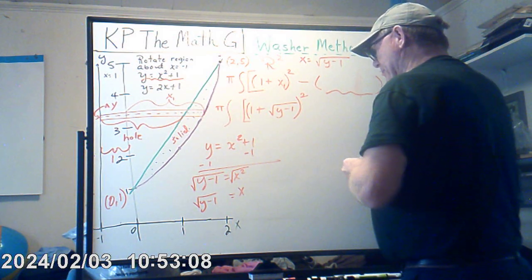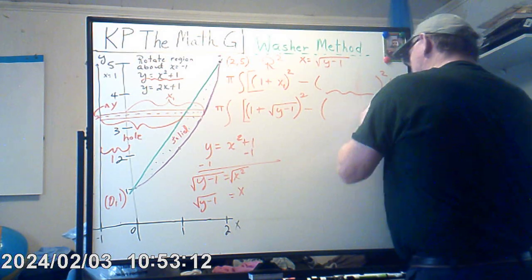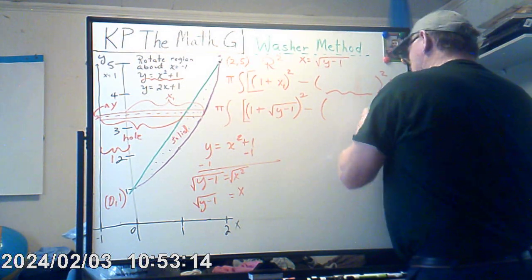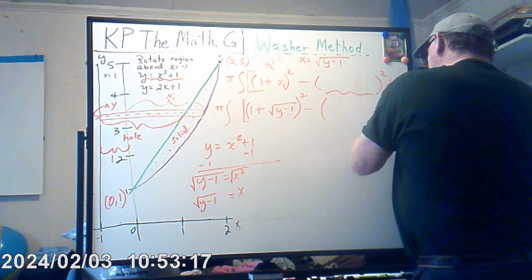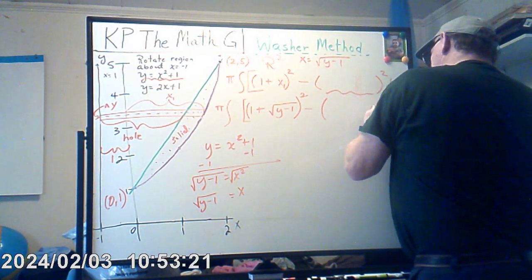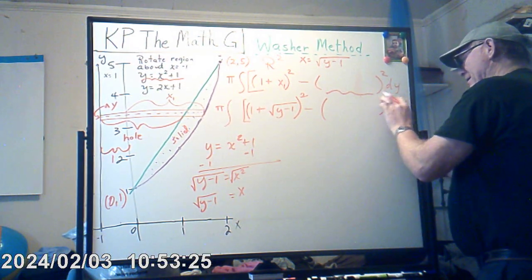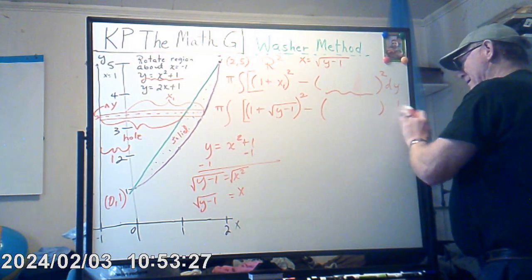Now I need to fill in this portion right here, close it in, and say dy. I need to square it. Oh boy, I need every little inch of this board, I tell you.